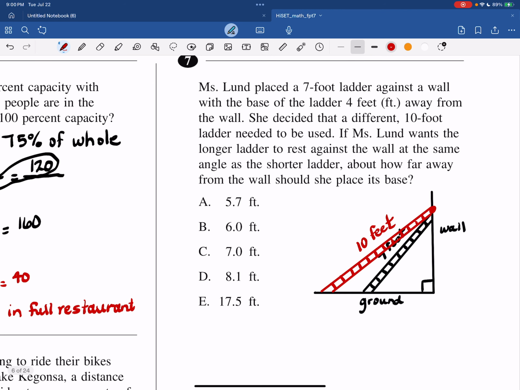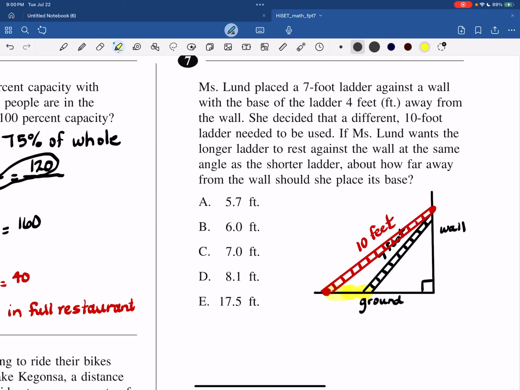This is not Pythagorean theorem because we know the length of the ladder, and we're not really interested in the ground and the wall dimensions. We're interested in this dimension.